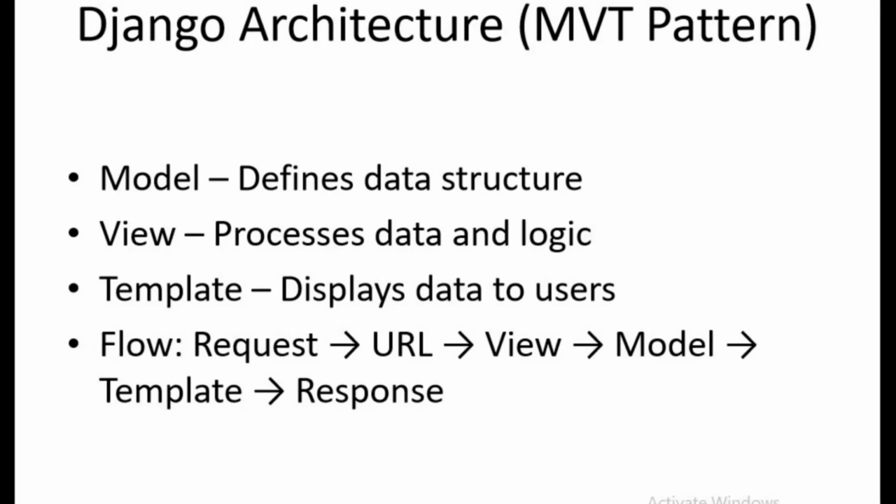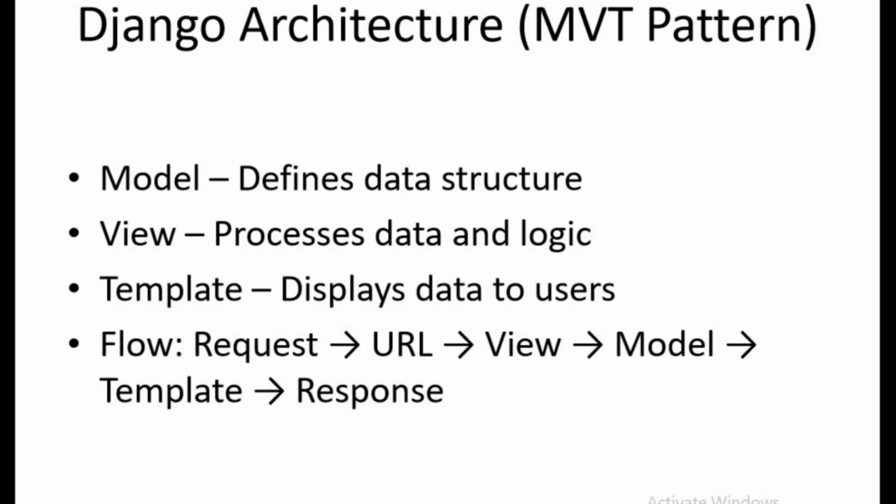So that is all what we are looking at when we talk about defining data structure. Now view is for processing data and logic. In view, it is where we write all our logic, all our code to execute. Now template displays the data to users.